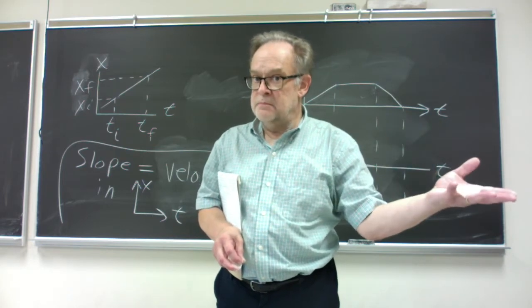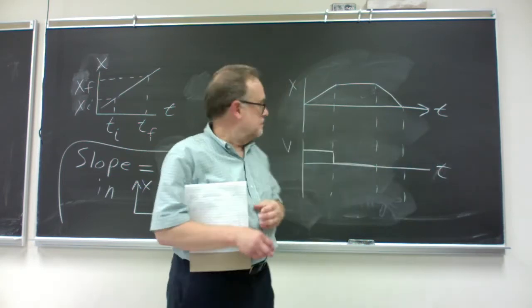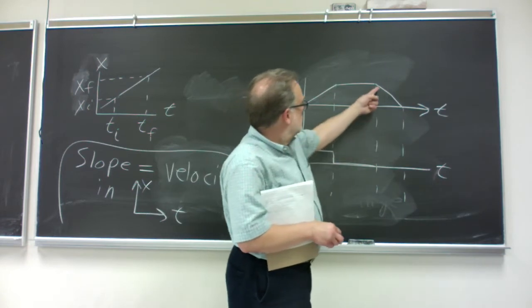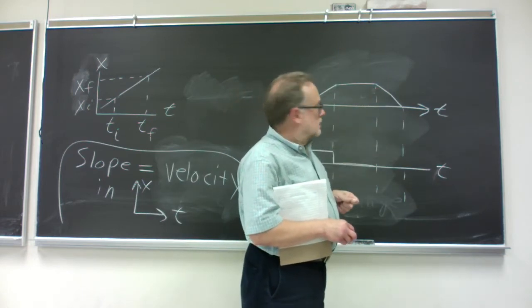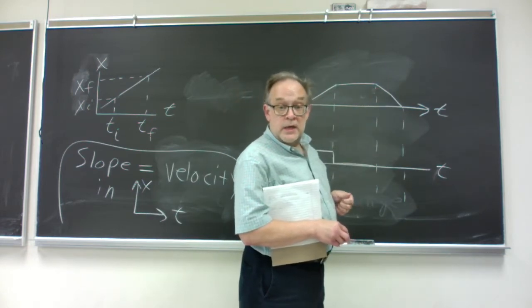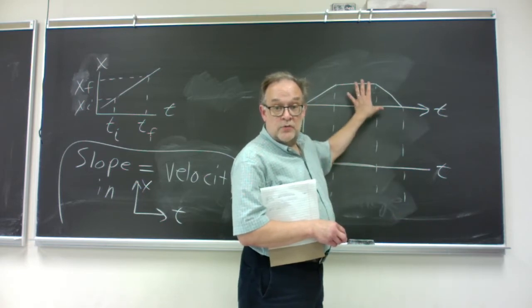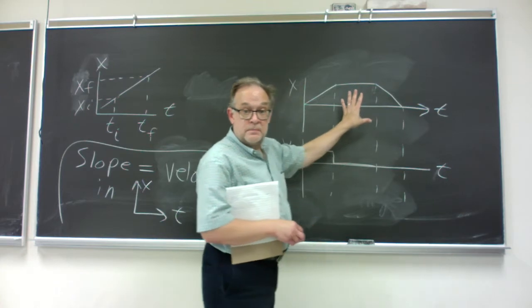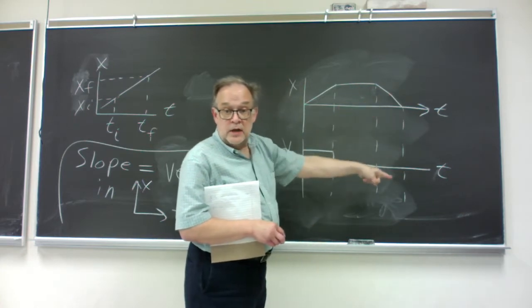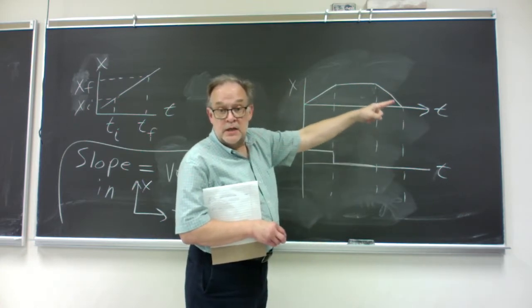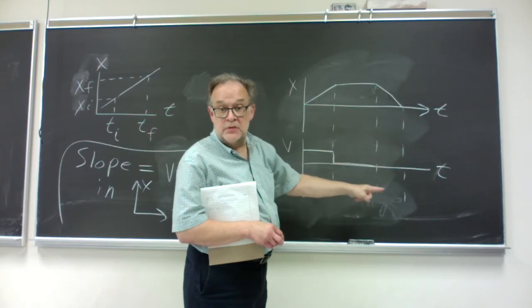If it's not moving, the velocity is 0. Now in the third time interval, slope is negative and constant. And since on a graph of position versus time, slope is velocity, then constant negative slope means constant negative velocity.